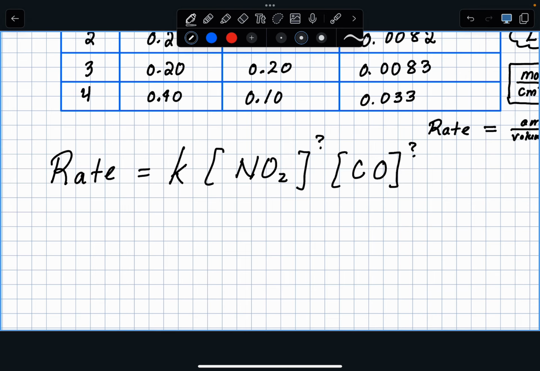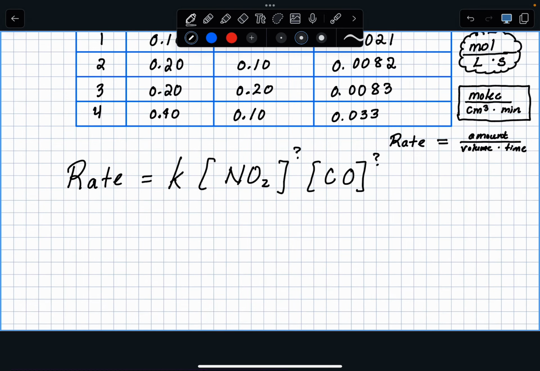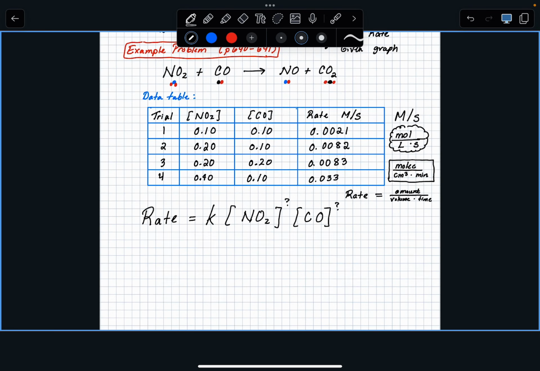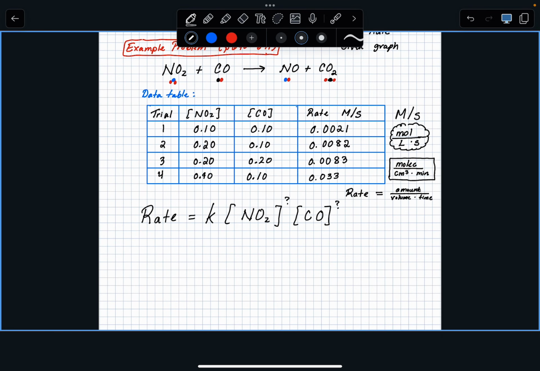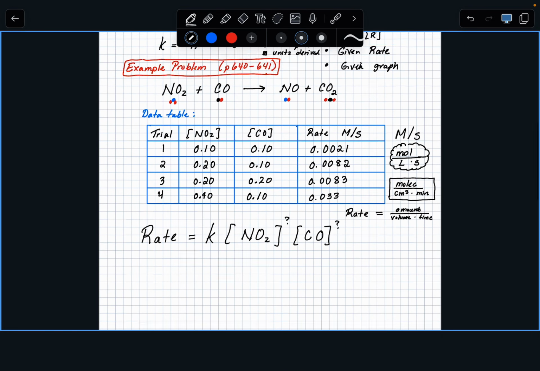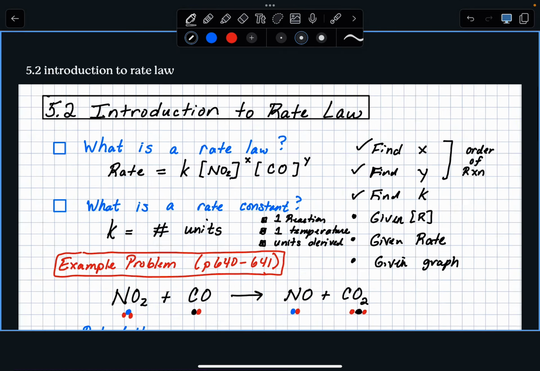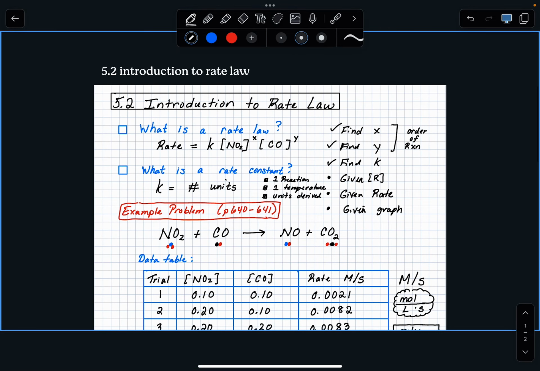So that's the point of the first part of this video: how do we solve for those exponents? How does this table allow us to do this? Those, the X and the Y, are called orders. The other thing that's new is something called an overall order. X and Y are called the order of that reactant.